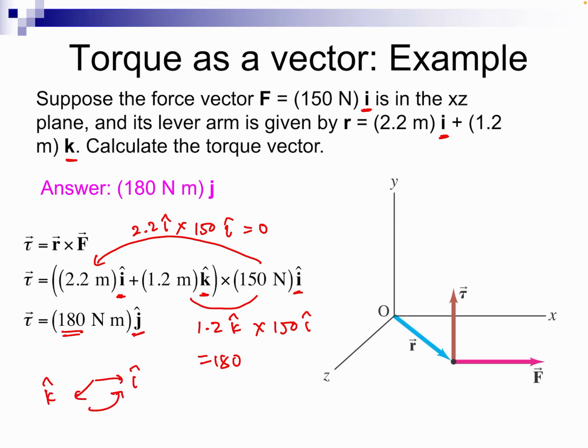The answer will of course be j hat. It's the only vector not involved in the cross product, but when doing the cross product, you're going in the anti-clockwise direction from k hat to i hat, and so that's a positive j hat here. So torque will be 180 Newton meters j hat.